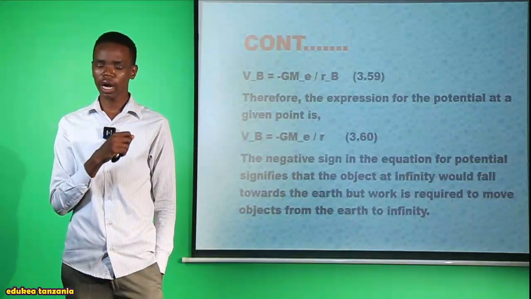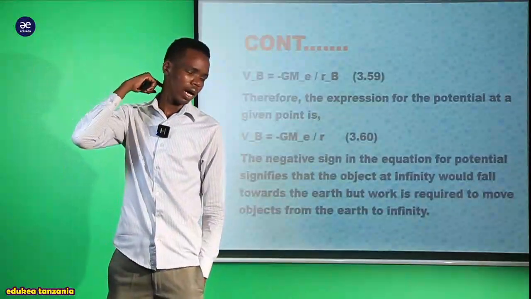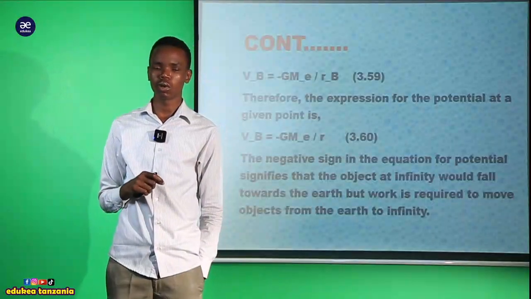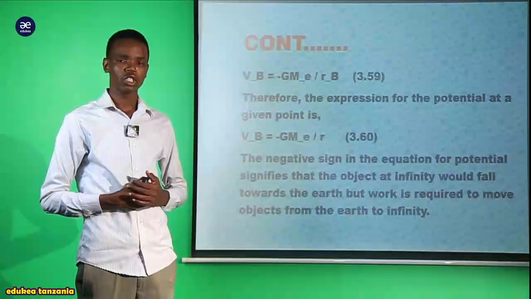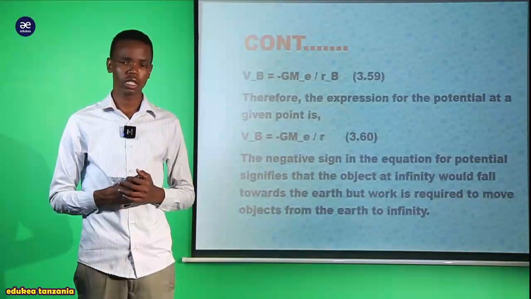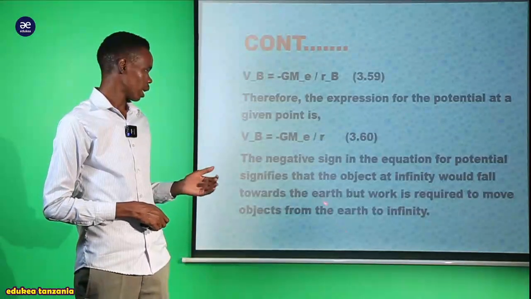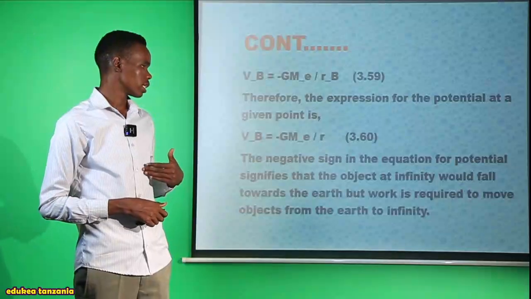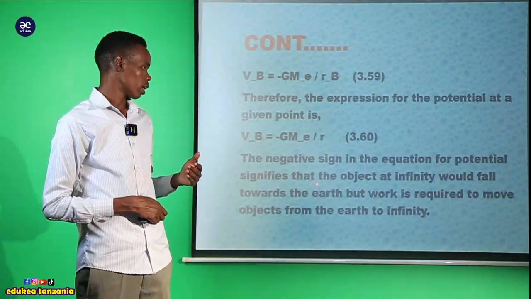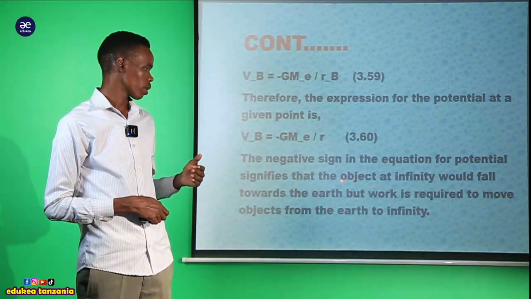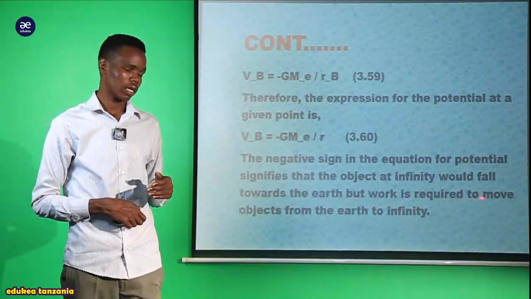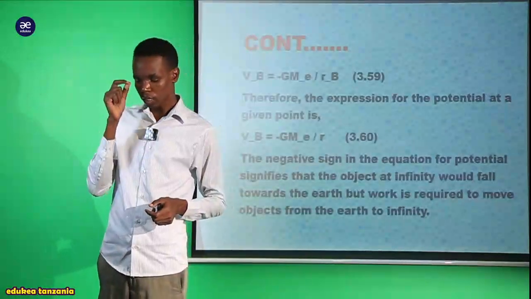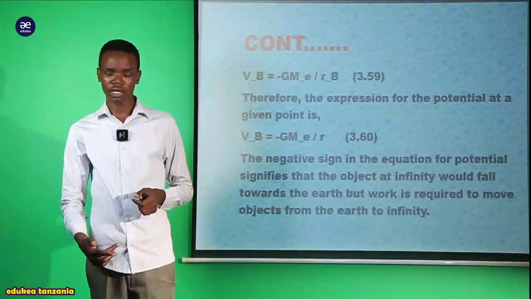If we consider our figure, RA must be equal to R. So the gravitational potential is equal to negative GMe divided by R. The negative sign indicates that the object at infinity should fall toward the Earth, toward the center.